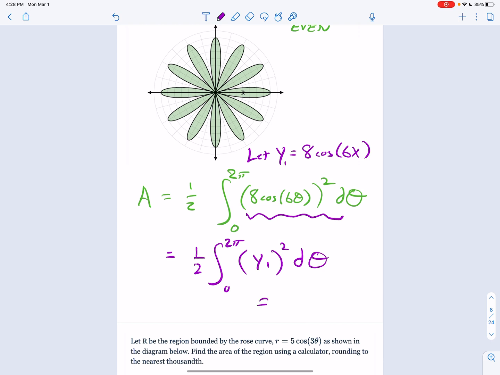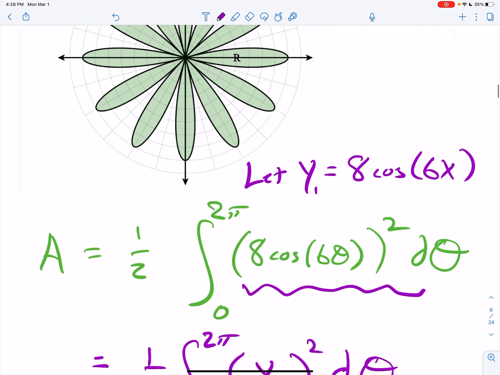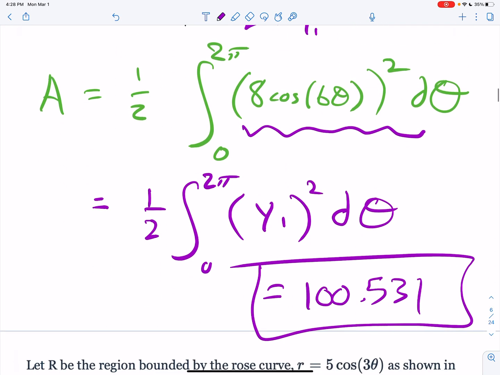I'm getting approximately 100.531. And that's it. Okay? If you didn't get that, let me know. Obviously, the biggest concern is knowing how you set it up. If you're getting an error with the calculations, that's something that I could easily fix with you guys, okay?